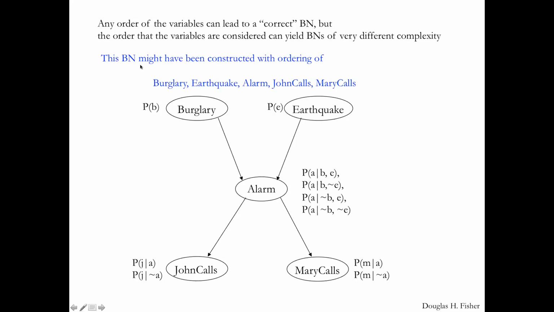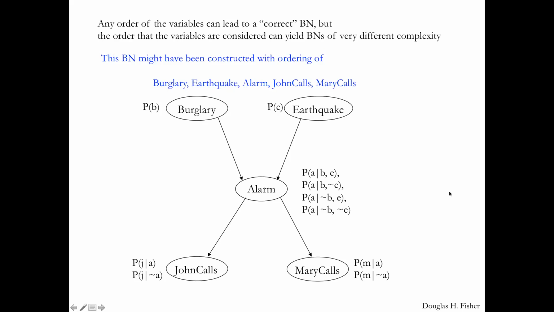So this belief network might have been constructed with this order of variables: burglary, earthquake, alarm, John calls, Mary calls. This Bayesian network is consistent with other orders too. This Bayesian network topology is consistent with earthquake followed by burglary, followed by alarm, followed by Mary calls, followed by John calls.